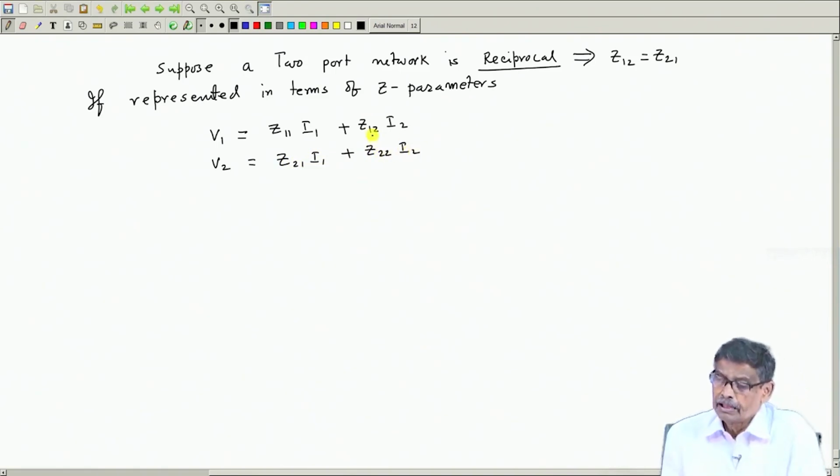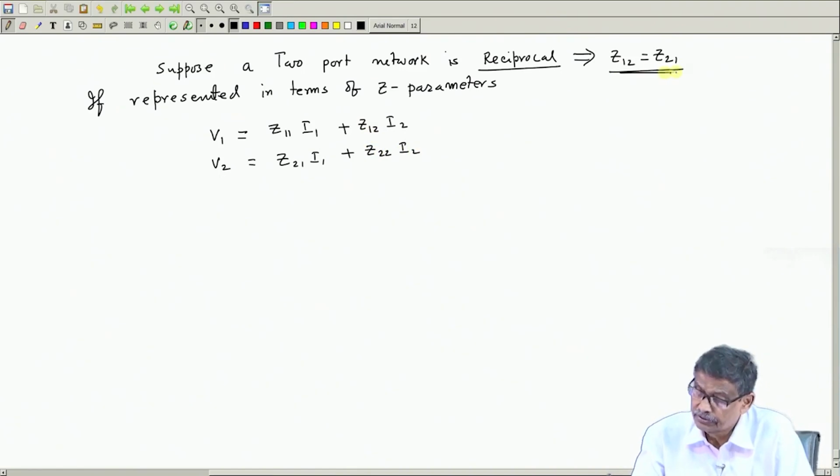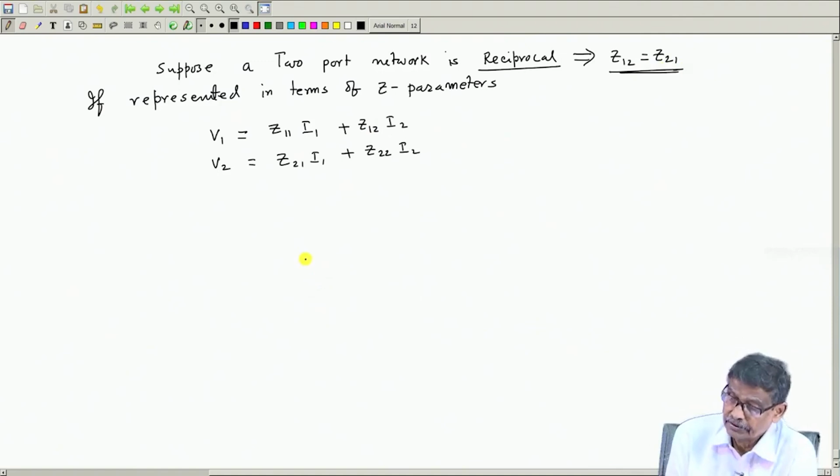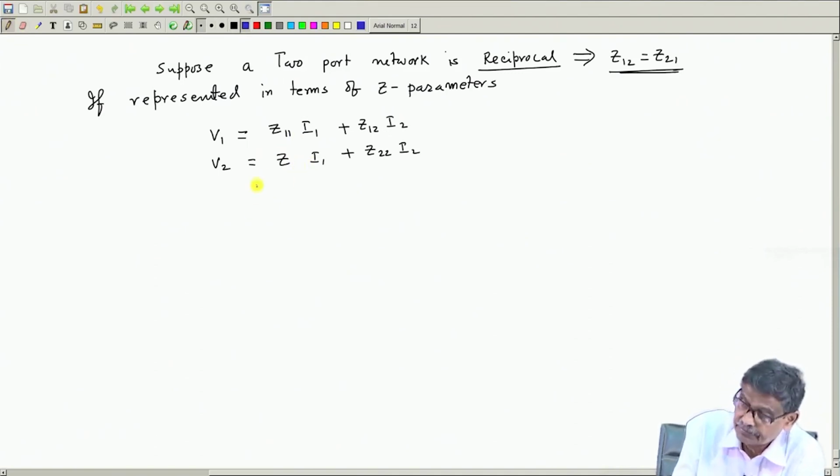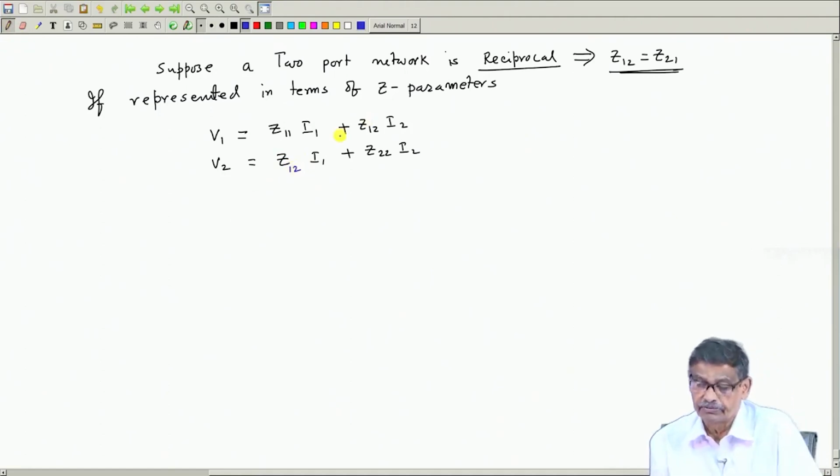But in that case Z12 is equal to Z21. So, writing this equation in matrix way, I can replace this one by Z12 itself, off diagonal elements will be same, that is what we have found.